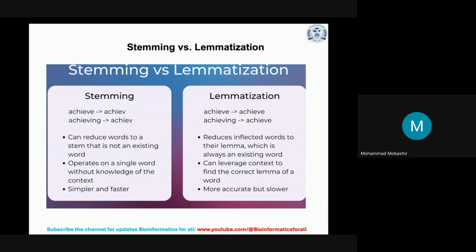How does it operate? Stemming operates on a single word without knowledge of the context. Now, lemmatization can leverage context to find the correct lemma of a word. Stemming is simpler and faster. Lemmatization is more accurate but comparatively slower.